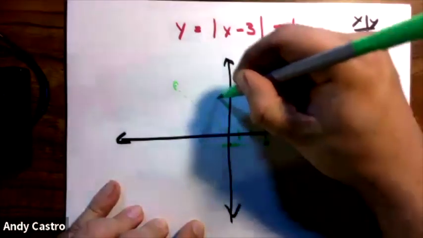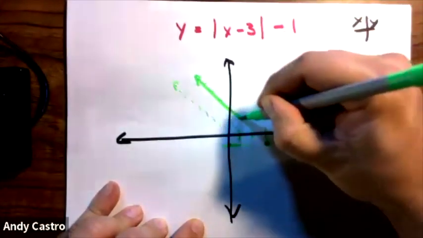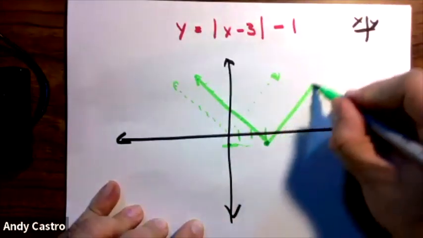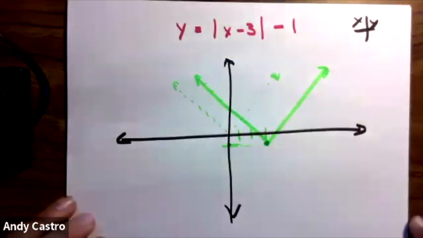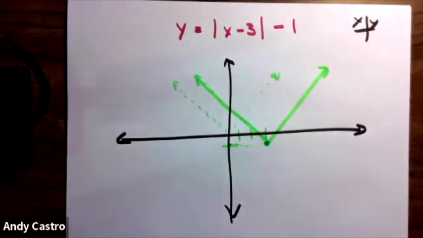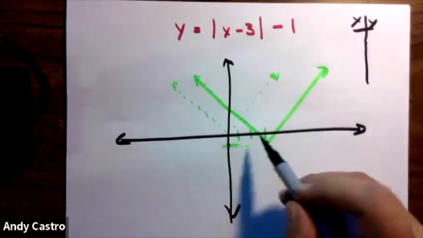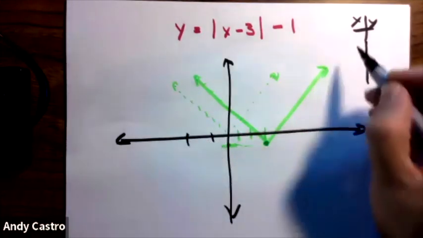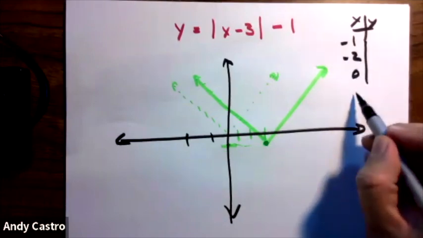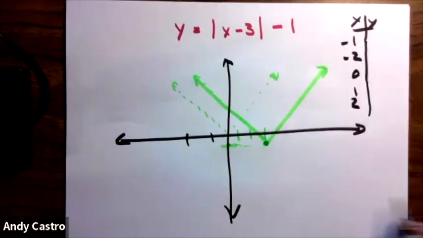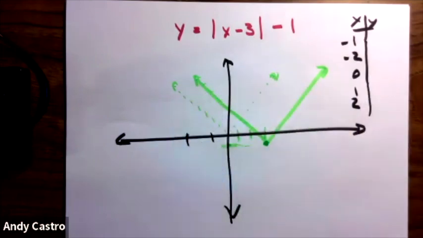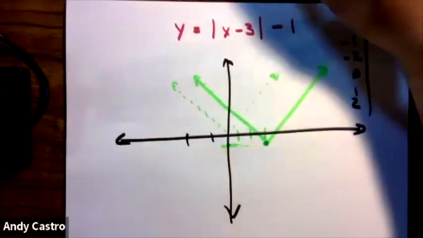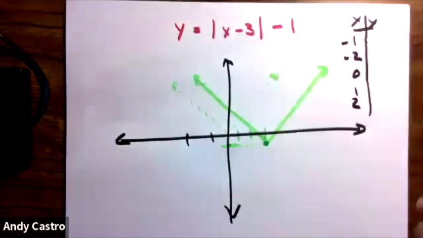So I'm still going to have the same exact graph. It's just going to be shifted. Now we could verify this, right? We could put x and y, and you could put -1, -2, 0, 1, 2, and see what those are, plug those in, put your dots on there, and create your graph. Either way is fine. Okay?